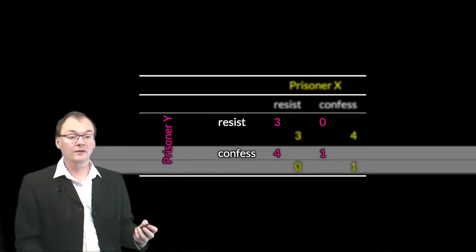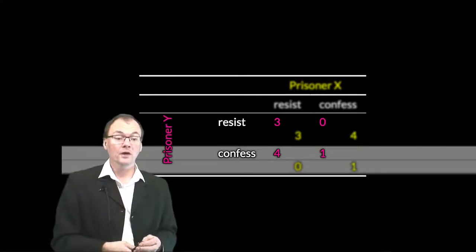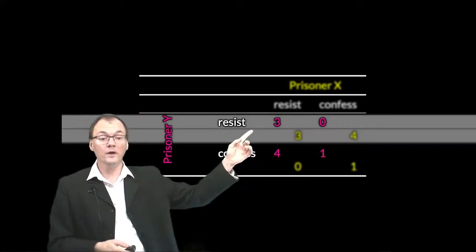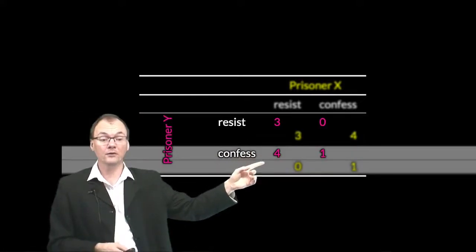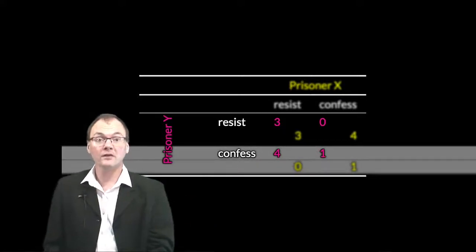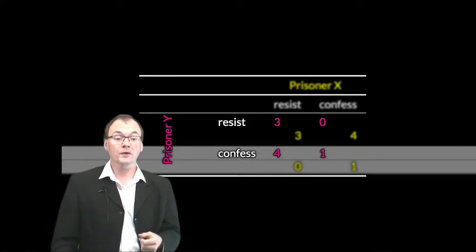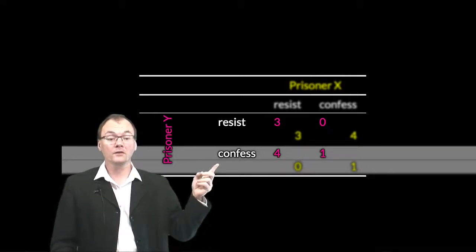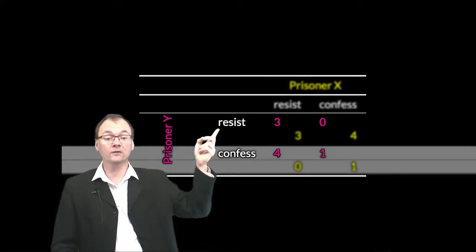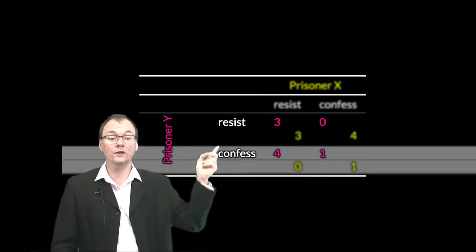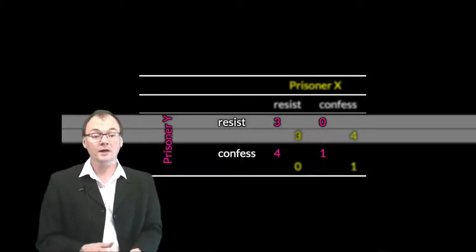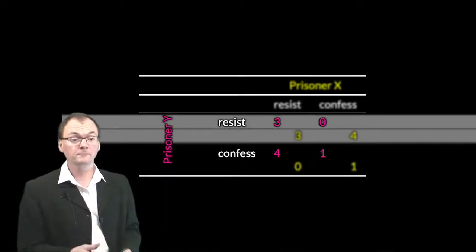So regardless of what prisoner X decides to do, prisoner Y is worse off resisting and better off confessing. So we can say, using the game theory jargon, that confess strictly dominates resist. Confess strictly dominates resist. You see that? Good.